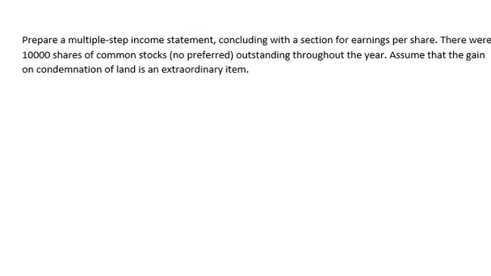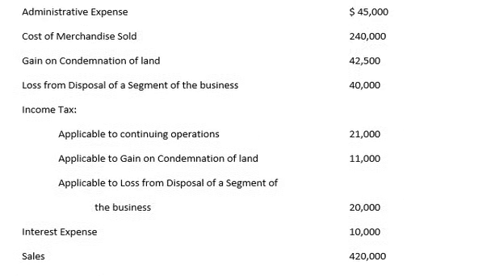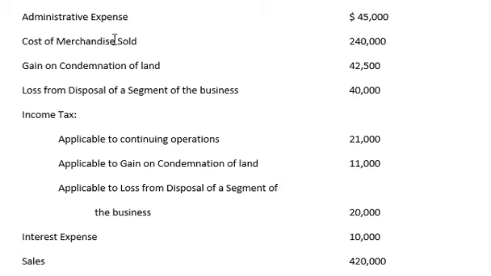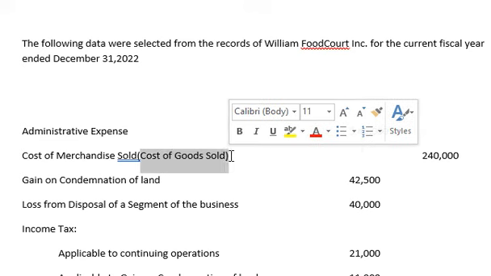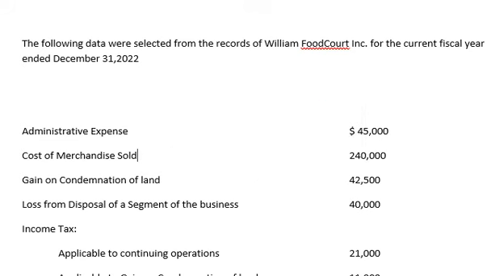Next, we find the cost of merchandise. Sometimes they write cost of goods; they are the same. We put 240,000 in here.